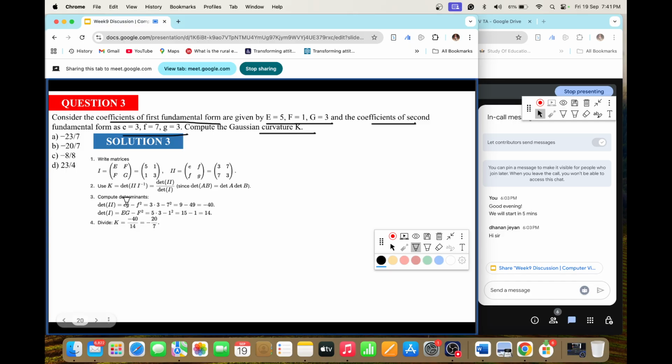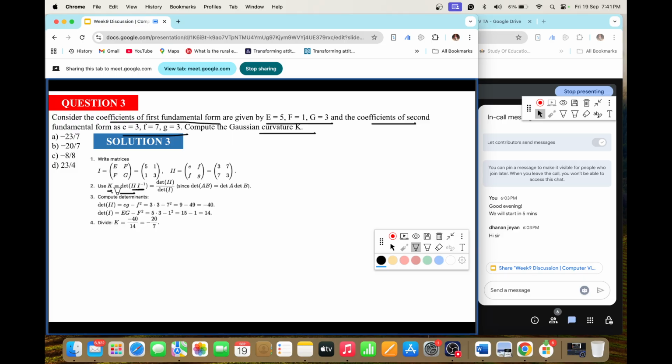Okay. So with this method, K is given by this: the determinant of the second form times the inverse of the first is nothing but your linear map, and the determinant of the linear map will give you the K value.